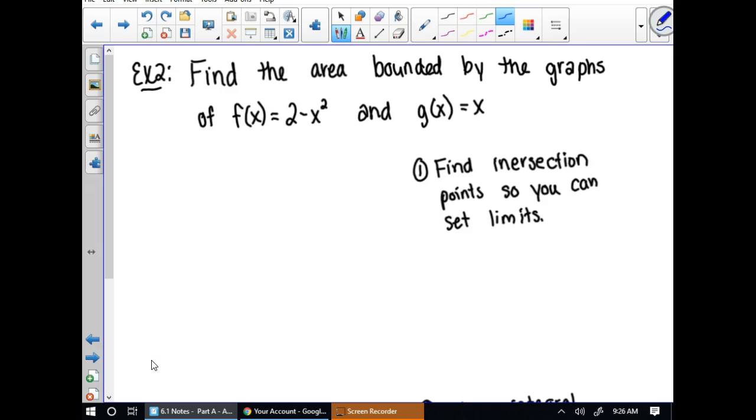This next one's going to be a little bit different because it does not give us our limits. Like the last one told us only to look from x equals 0 to x equals 1. This one does not give us our limits.